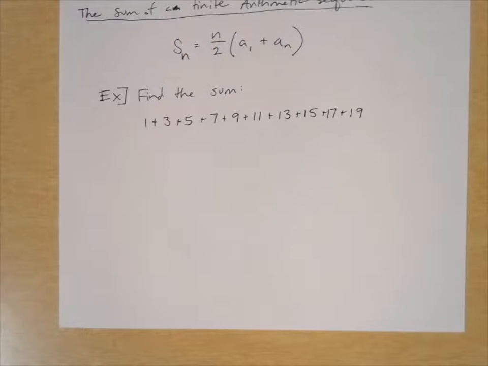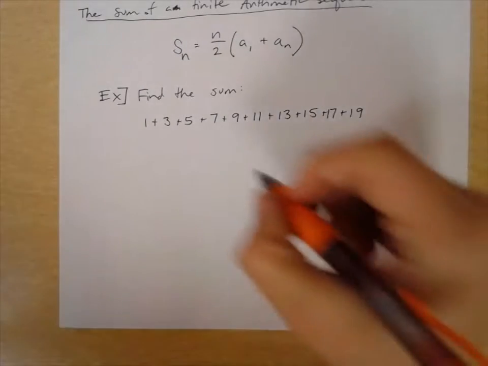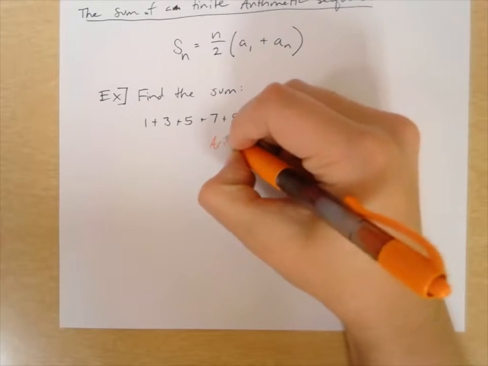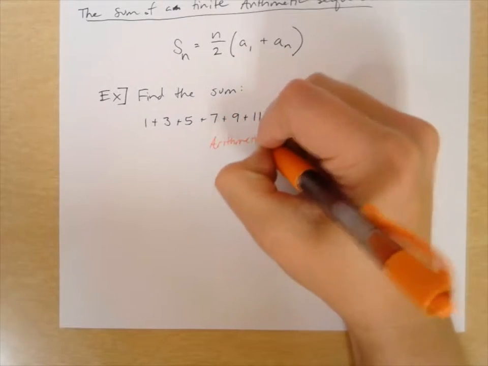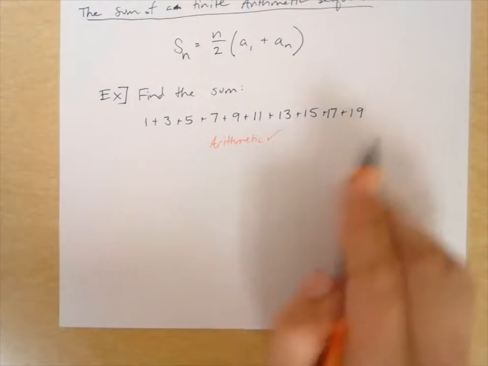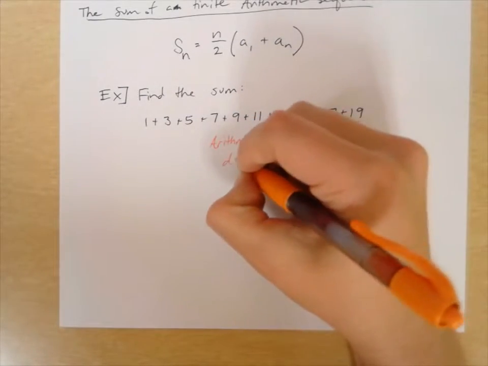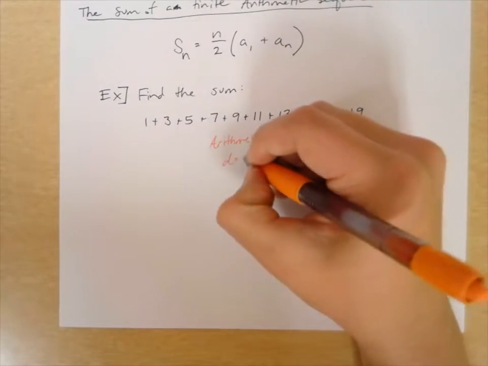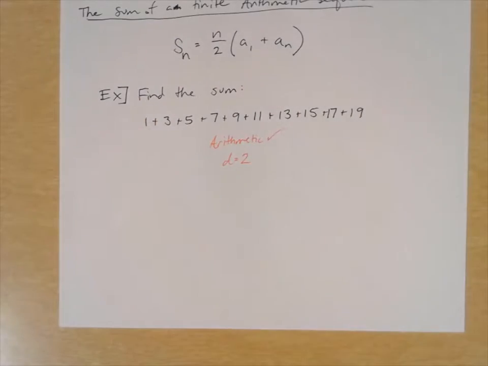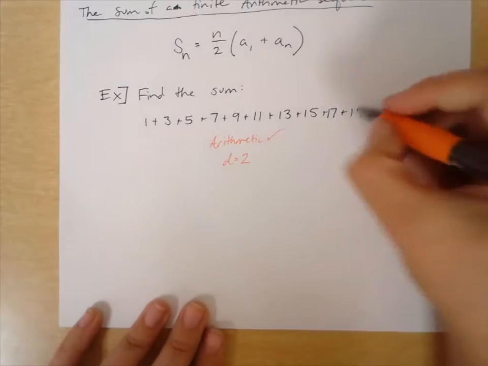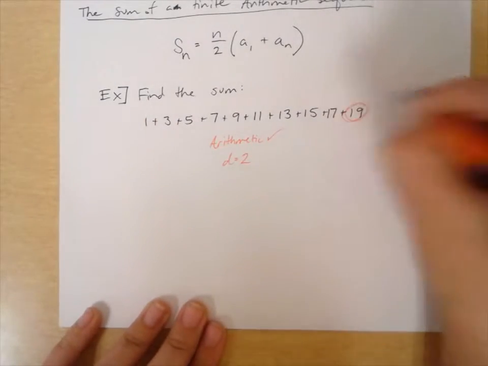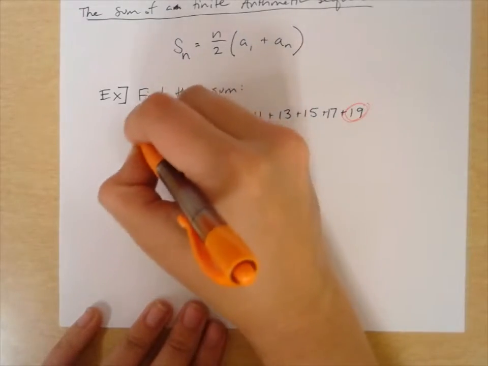Just by looking at this, we can start to find some information that we need. We can tell right away that this is arithmetic, because it has that common difference of just plus 2 every time. And we can see that the last term is 19 and the first term is 1.